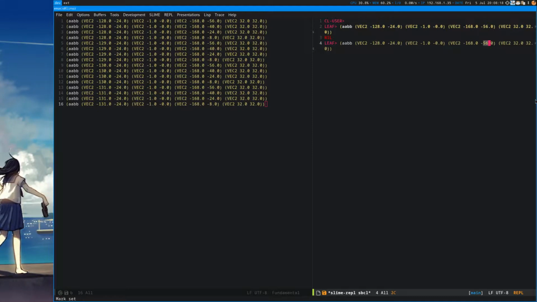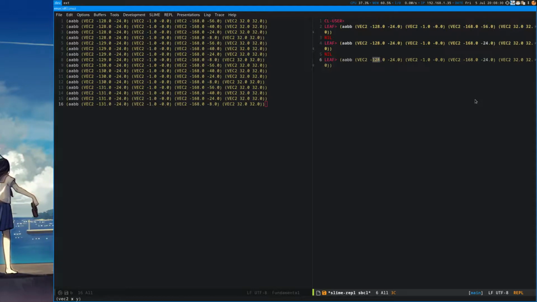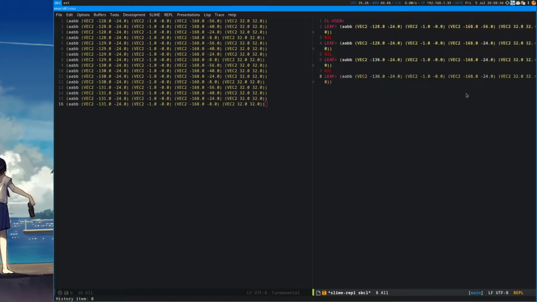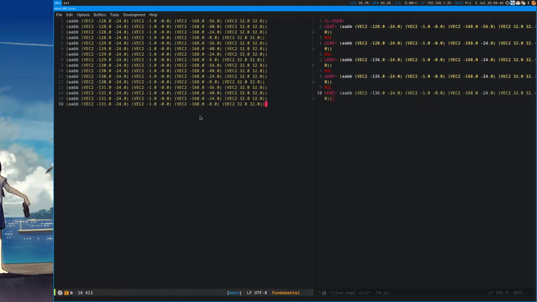Let's just, for convenience, move that here. Should still be nil. 168 plus 32 is right. So 136. That's still nil. Interesting. Yeah, why? That should give a collision.